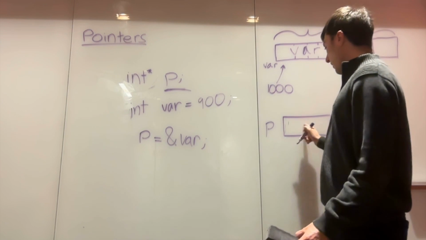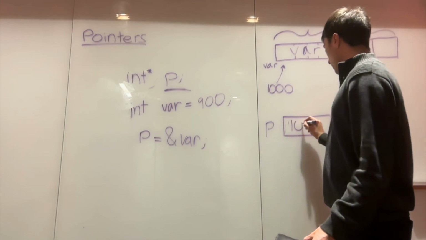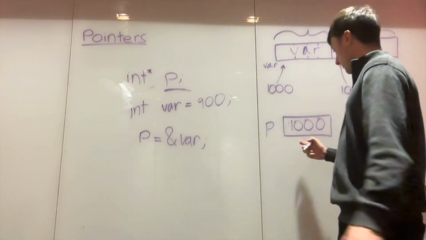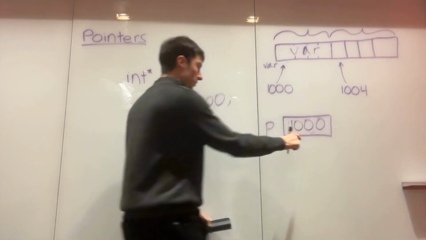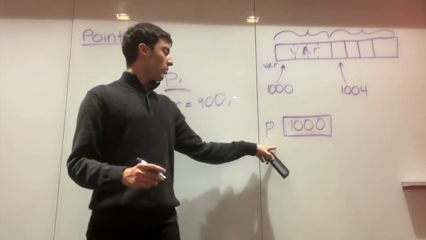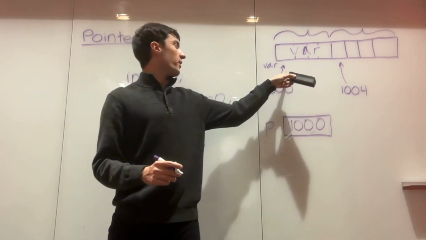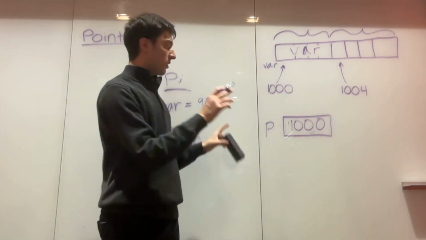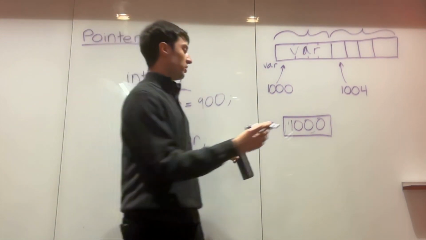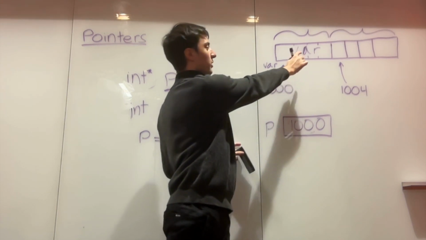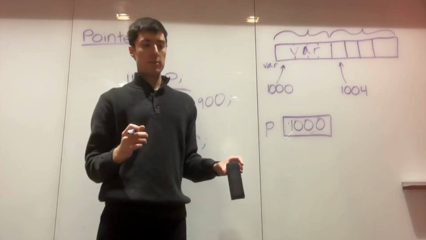It holds some value. 1000 lives in there. There it is. Okay, so now we have a variable which contains 1000, and it points to var. So this is what we mean by points to. It points to the memory address which var is located at.